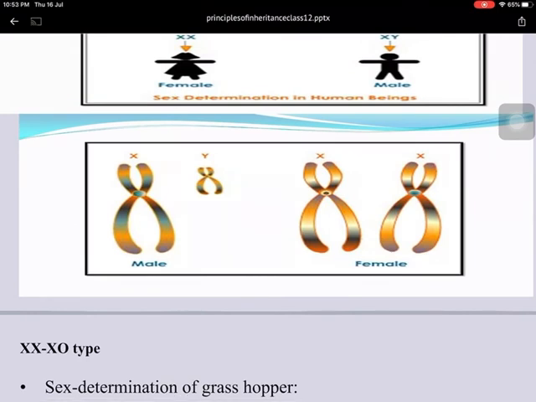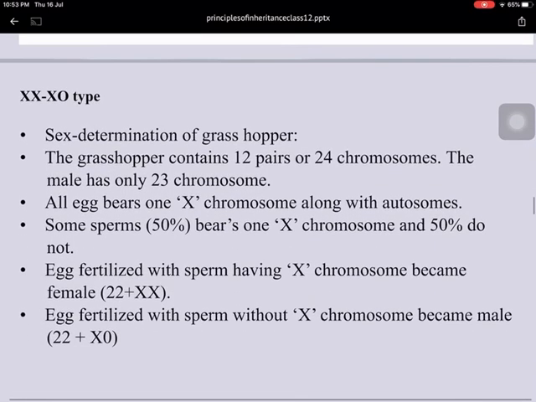And when you observe the structure of the sex chromosomes, the X chromosomes are similar, but the Y chromosome is very small in size, so it is named the Y chromosome. First system, XX and X0.